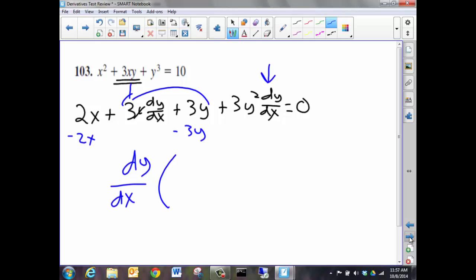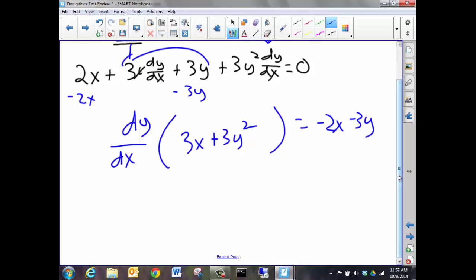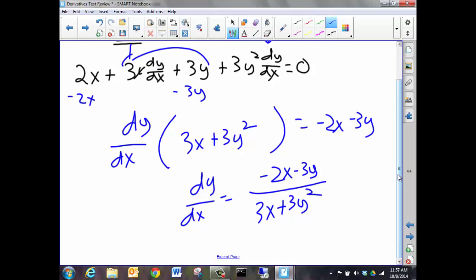All right, so over here on the other side, I'm going to have minus 2x minus 3y. And what will I have in here? 3x plus 3y squared. So then I will divide, and I get minus 2x minus 3y over 3x plus 3y squared.